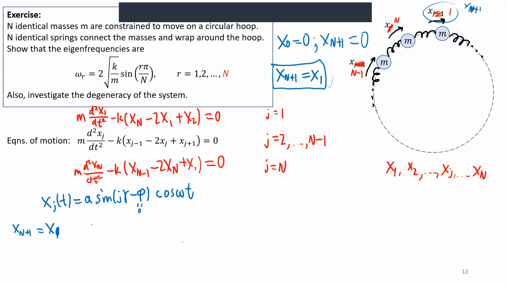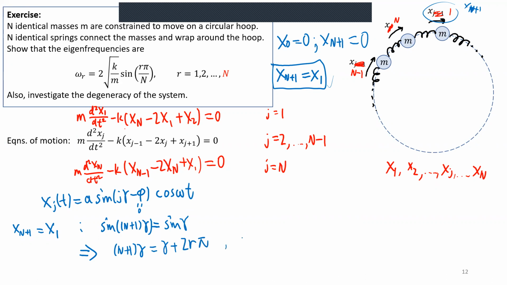So that means sine of n plus 1 gamma has to be equal to sine of gamma. And that means n plus 1 gamma must be equal to gamma plus 2r pi.